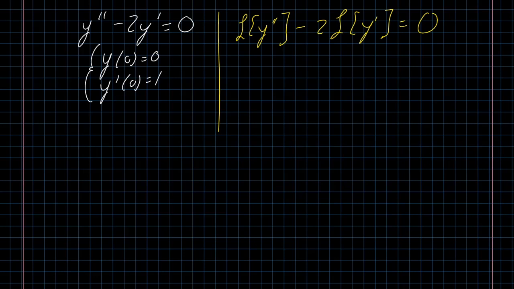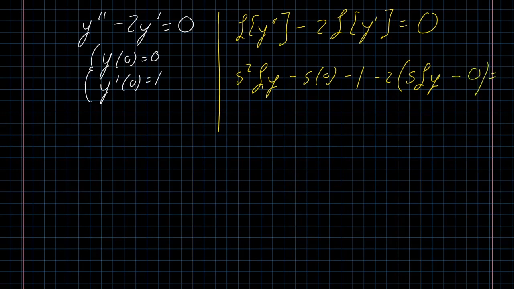And the Laplace transform of y double prime is s squared times Laplace transform of y minus s times y of 0, which is 0, minus y prime of 0, which is 1. Laplace transform of y prime is s times Laplace transform of y minus y of 0, which is 0.